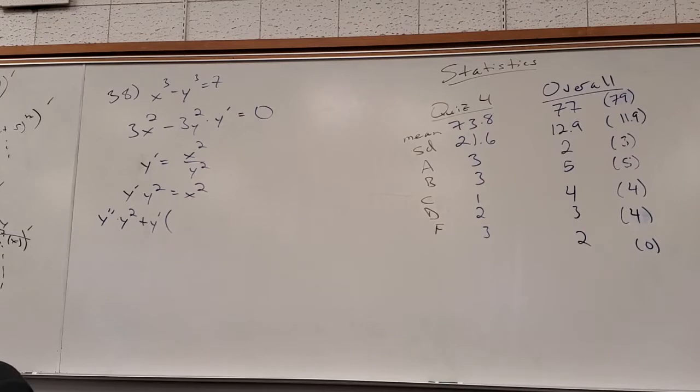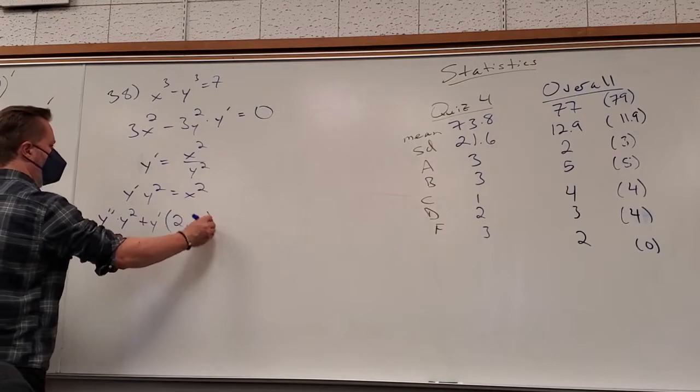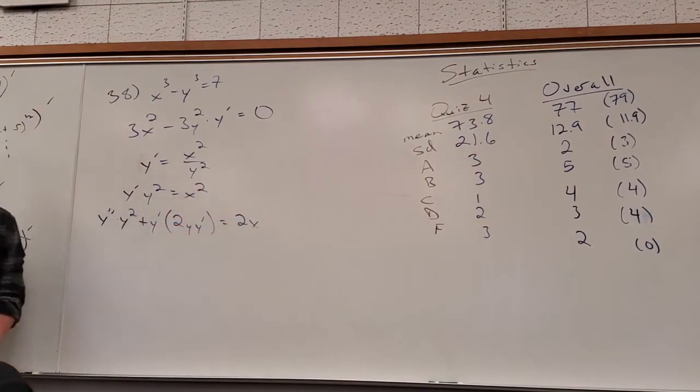What's the derivative of y squared? 2y y prime. And I'll do this side. Now, this is relatively easy to solve for y double prime, but I won't be done then.